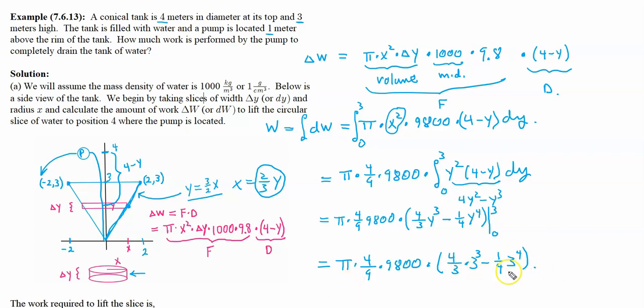And of course you can clean this up a little bit. This piece right here, if you evaluate that, you'll get 63/4. And so what all this is going to come out to be is pi, and of course those 4's will cancel, and you can simplify this or calculate it and get a decimal answer.